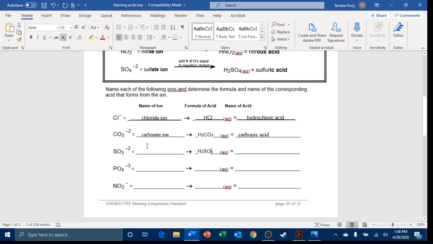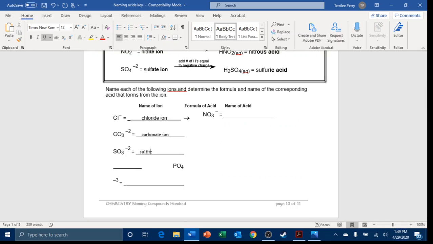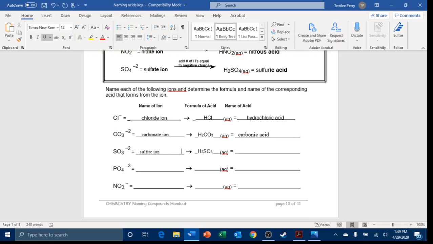Okay, so SO3 is sulfite, is that right? Yeah. All right, so you have a sulfite ion. Oh, that's pretty, isn't it? Okay. All right, so you have a sulfite ion. So we're going to go over here and figure out that because there's oxygen, you're not going to put hydro because it has 3 elements in it.